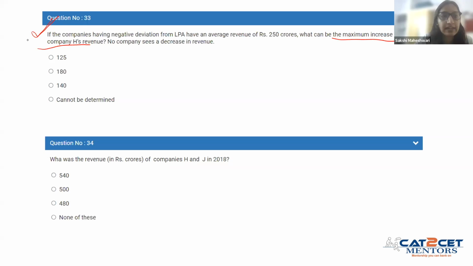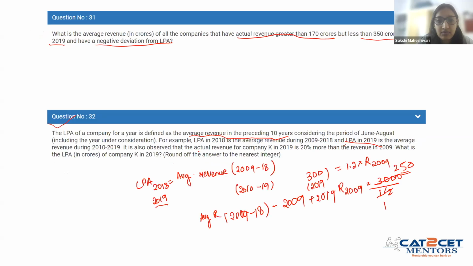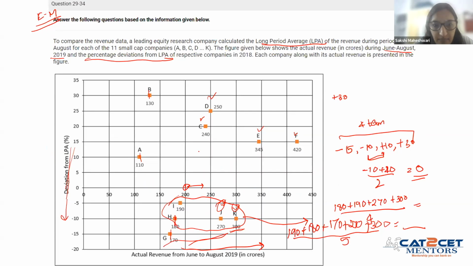See, even if I leave this question, I could easily solve these past 4 questions, and this, I think, is also very easy. What was the revenue of companies H and J in 2018? I think for 2018, it is given for 2019. So for H and J, both have 10% deviation from 2019.